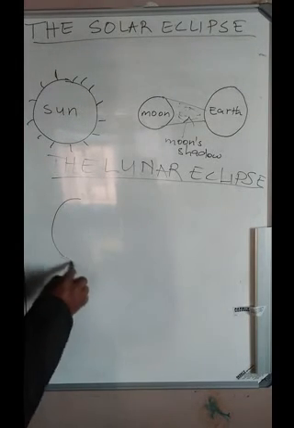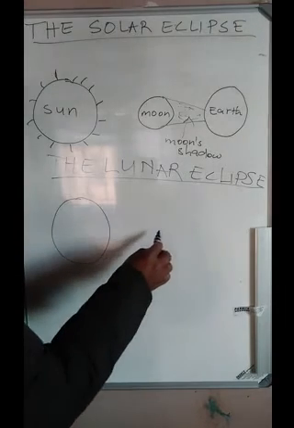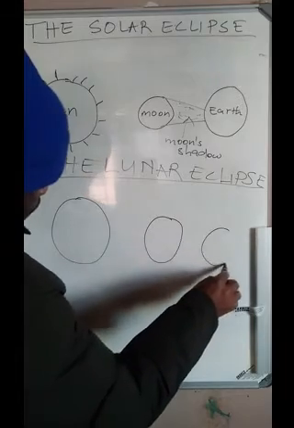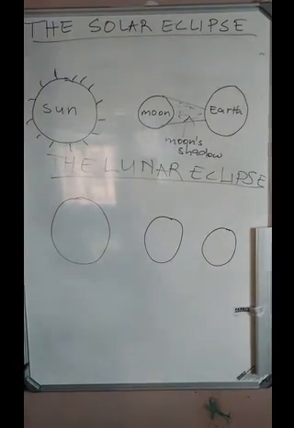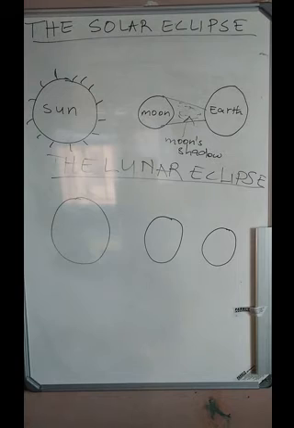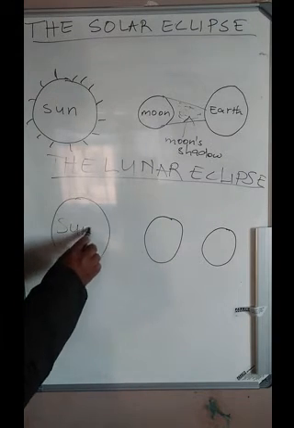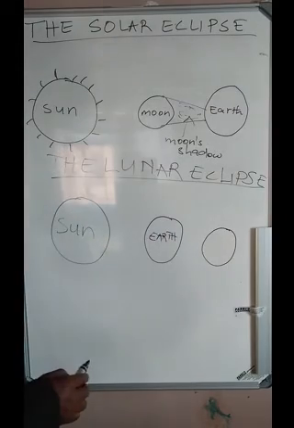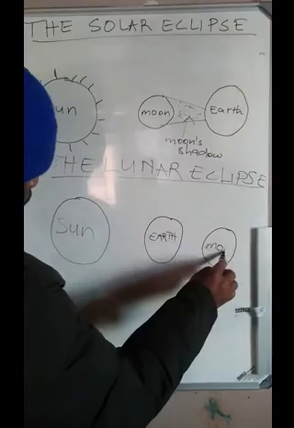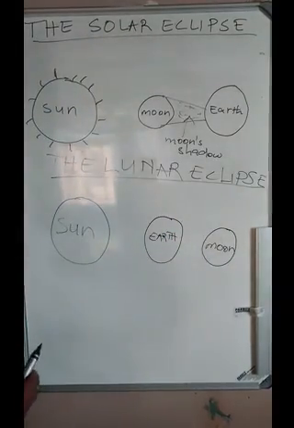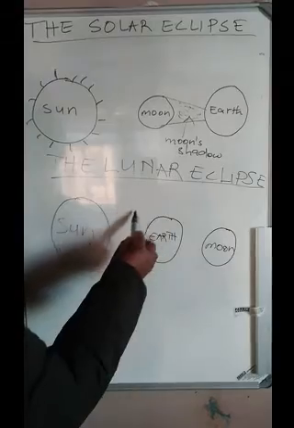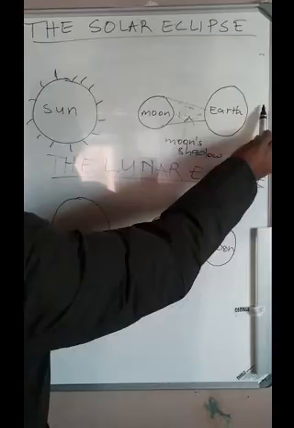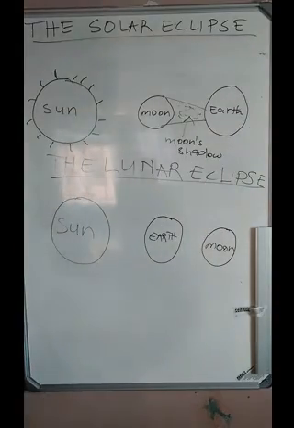Also, it happens that these three objects are in a straight line again, but the only difference is that now the earth is in the middle, and the moon is on this side of the earth, because I said the moon is moving around the earth. Sometimes the moon would be this side and the earth will be in the middle.